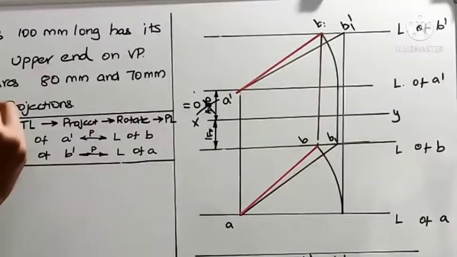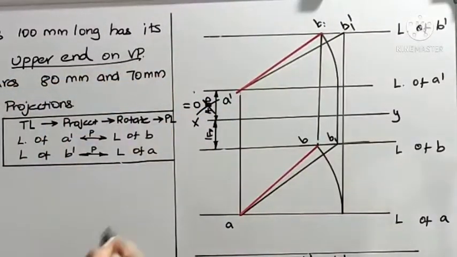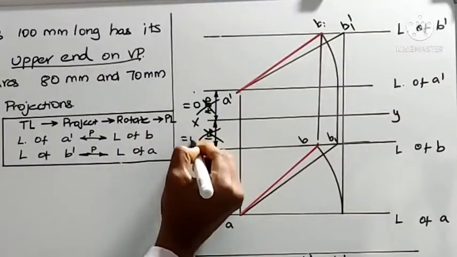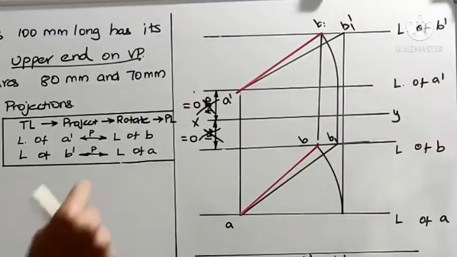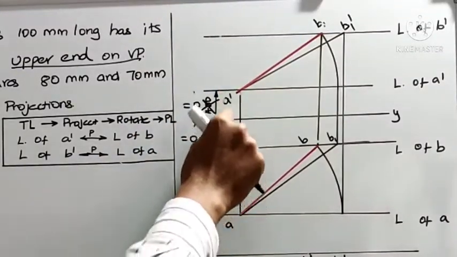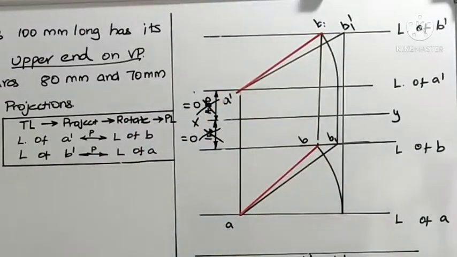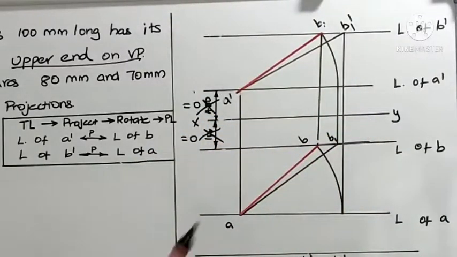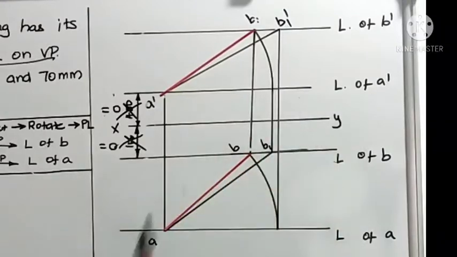And the upper end is on VP, so the distance in front of VP should be equal to 0. If you make both distances equal to 0, what will happen? The locus of A dash will overlap with the reference line, and the locus of B will also merge with the reference line.